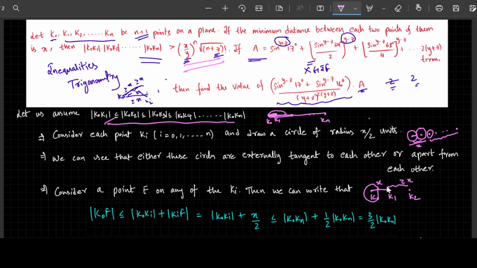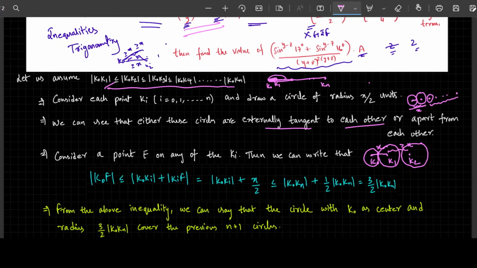And therefore the circle of x by 2 radius with k1 as the center will actually touch it. And in the next case, it may not touch it. If it is equal to x, then it may touch. If it's not equal to x, then it may not touch. So this is how it goes on. In this case, either the circles are externally tangent to each other or apart from each other.